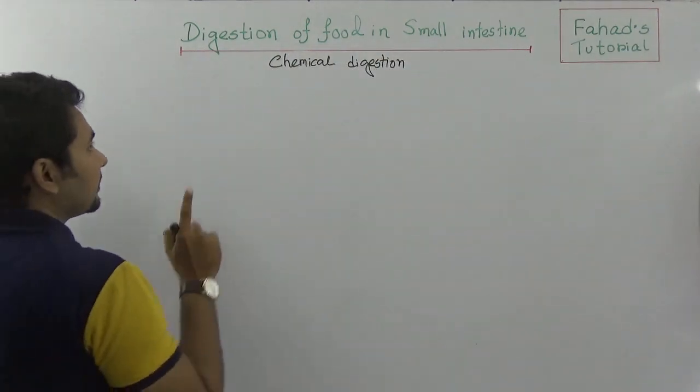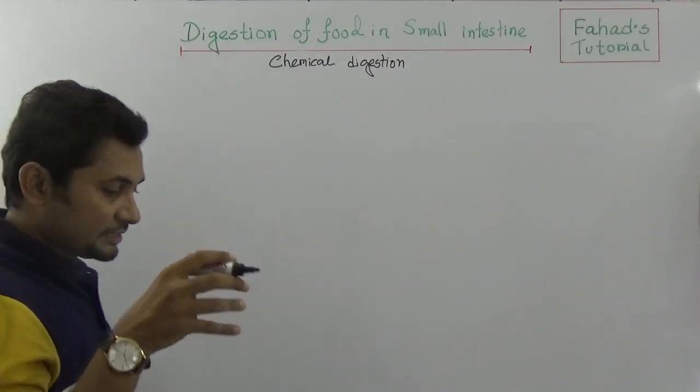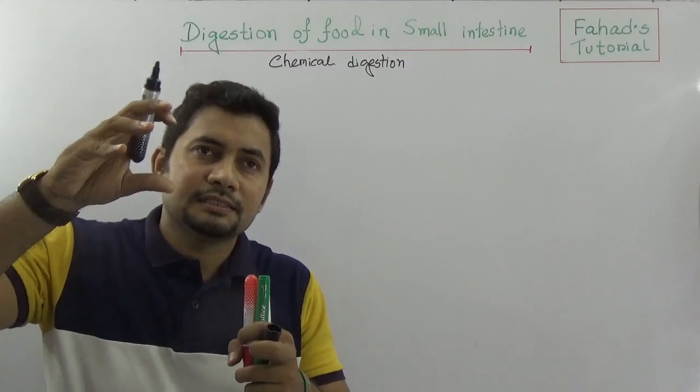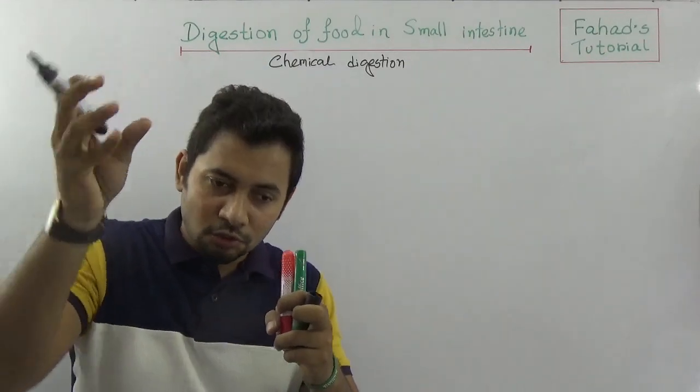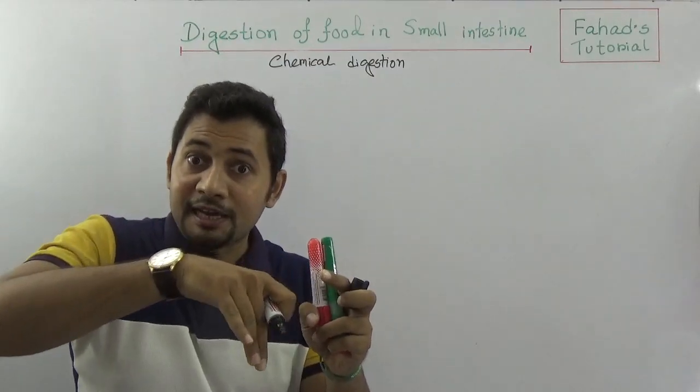Now think, what happens? At first, when food enters as chyme from the stomach into the duodenum, pancreatic juice and bile will mix.